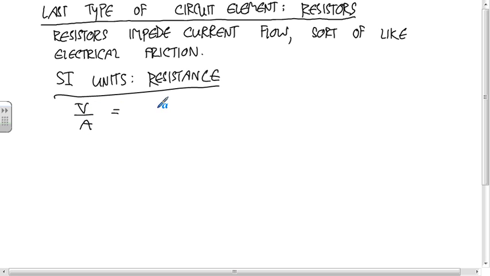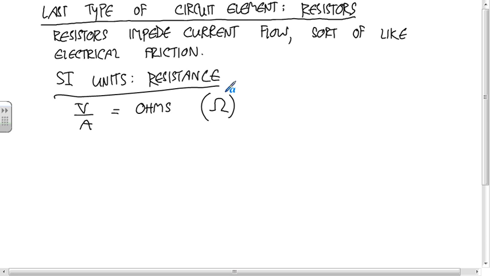And that also is given its own name, ohms, named after another scientist, Ohm. And we write that as the Greek letter omega, like a horseshoe.